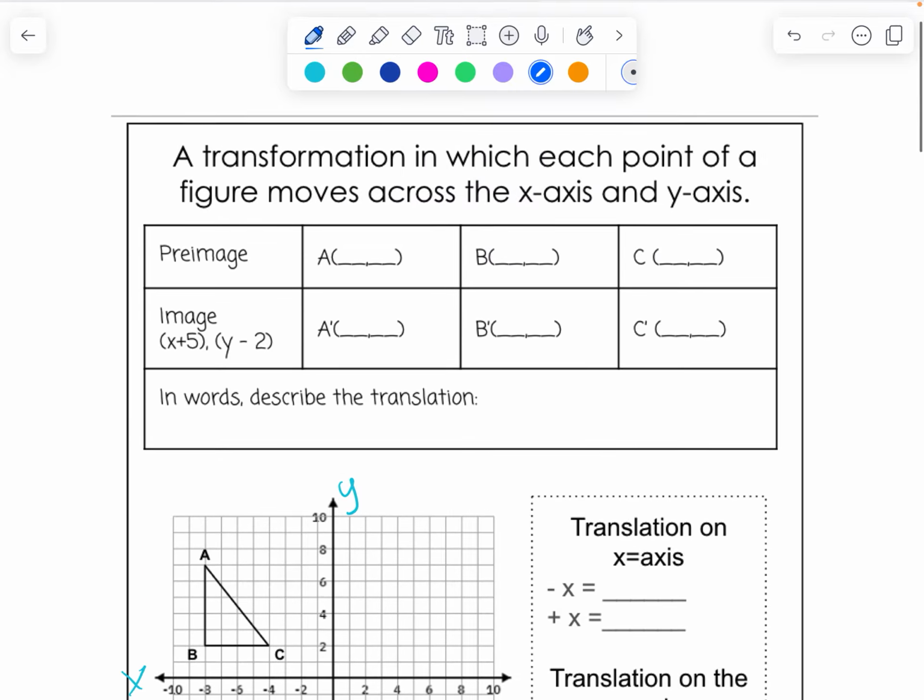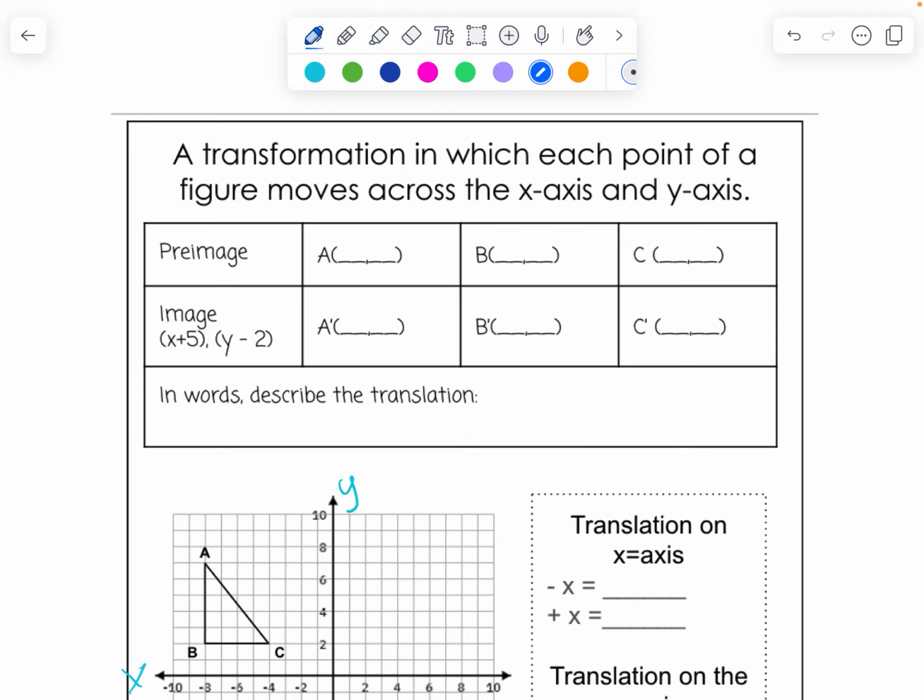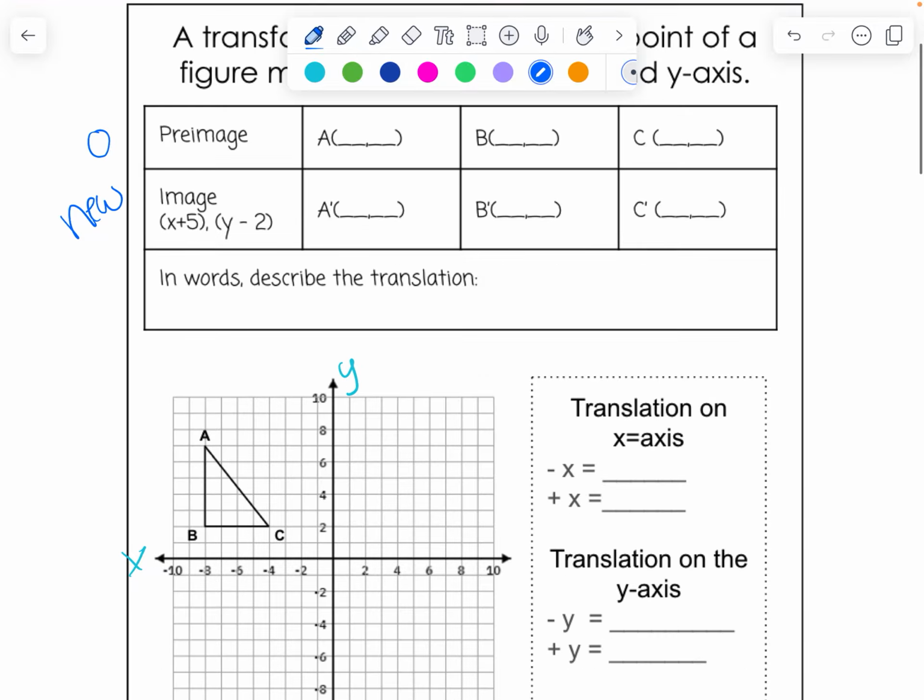Okay, so right here we have the pre-image is your original. The image is your new. All right, so the pre-image is what they gave you here. So I'm going to go ahead and write old for old or original. And I'm going to go ahead and write down my ordered pairs. So this ordered pair is going to be -8, 7.